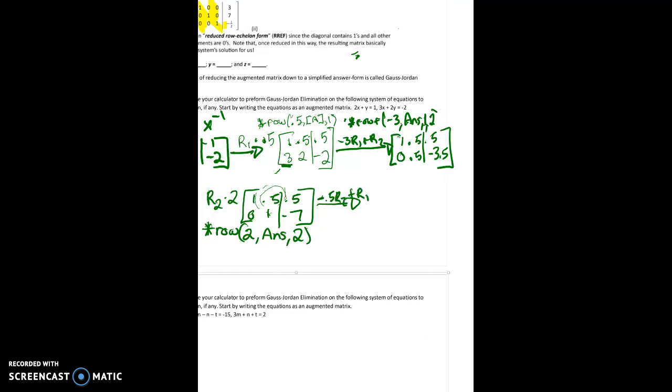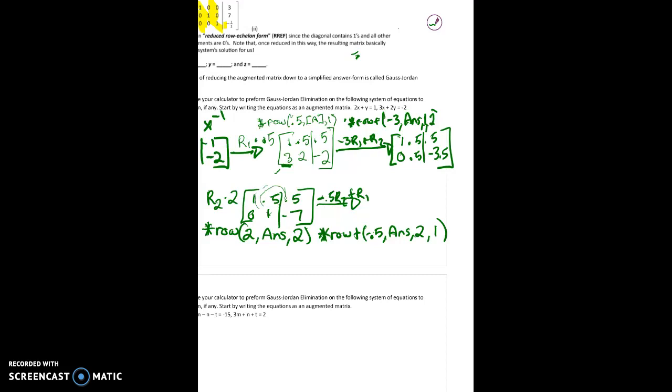Let's write down what that would look like. So we're going to be doing multiply by a row and then a plus sign at the end because we're adding it to another row. And I am going to multiply by -0.5. I'm going to multiply that by the answer. I'm going to multiply row 2 and I'm going to replace row 1.